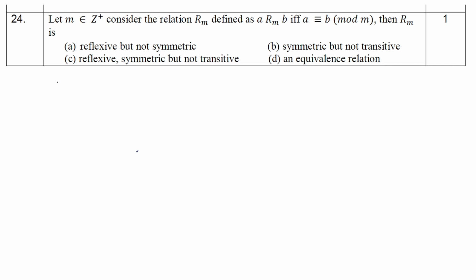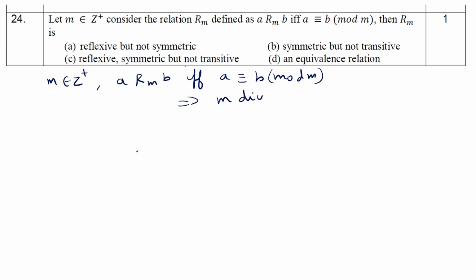Here it is given M belongs to the set of positive integers and A related to B if and only if A is congruent to B mod M. This is what is given. If A is congruent to B mod M, then this means M divides A minus B. So this is the meaning of A congruent to B mod M: M divides A minus B.